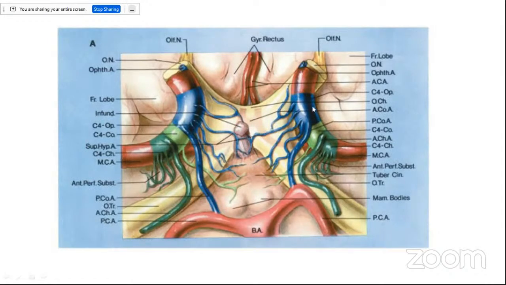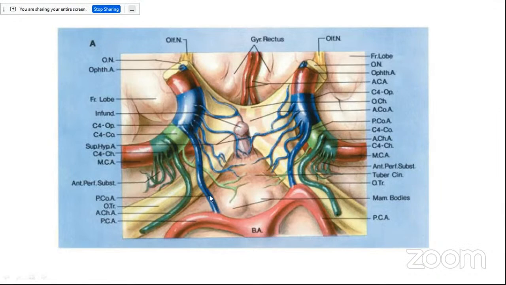Now, this is another view of the similar picture. This is showing you the ICA with its various segments that we already discussed. This dark blue colored structure is the ophthalmic segment, followed by the communicating segment, followed by the choroidal segment, and then it divides into ACA and MCA. This green colored structure that is passing posteriorly is the anterior choroidal artery.